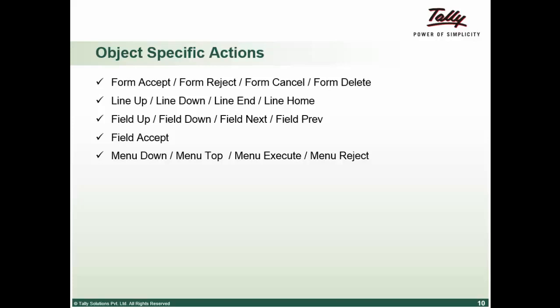Then we have part level actions like part home, part end, part page up. So again, this will be performed on the part level. We have field up, field down, field next, field pre, field accept, all this will work on field. Then we have explore, display object, alter object. These kind of actions will be performed on line objects.